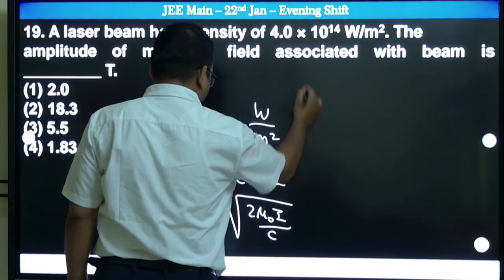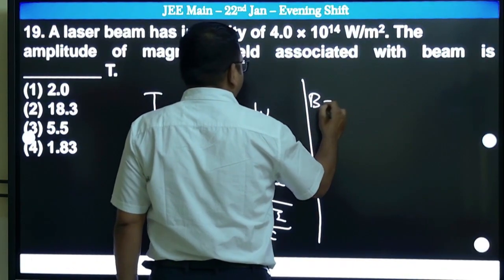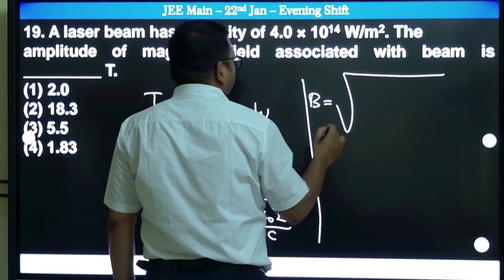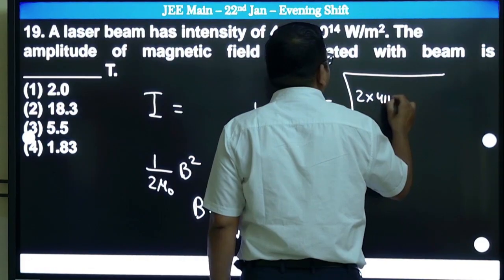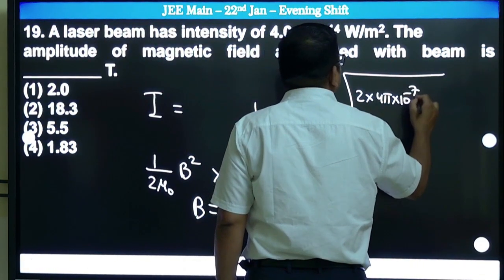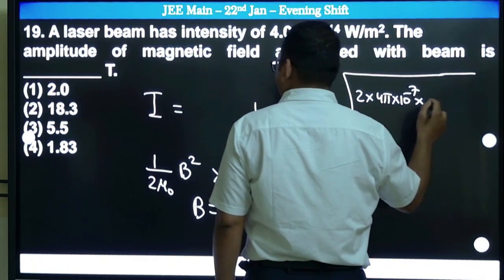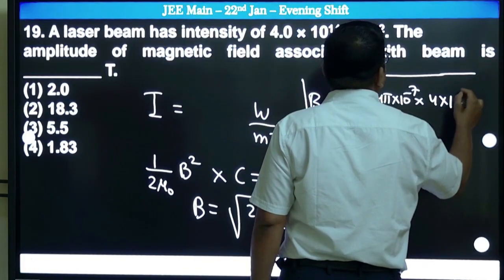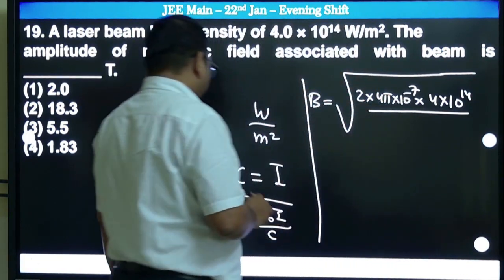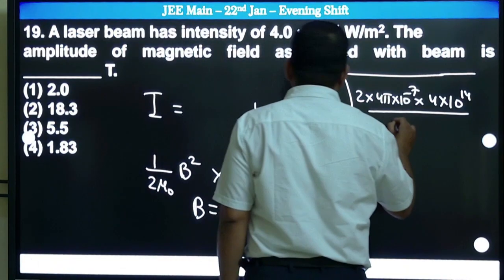Let us try this. B will come as root under 2 mu naught, mu naught is 4 pi into 10 to the power minus 7, I they have given 4 into 10 to the power 14, divided by c, speed of light, 3 into 10 to the power 8.